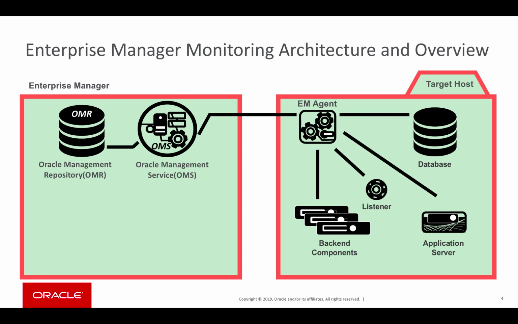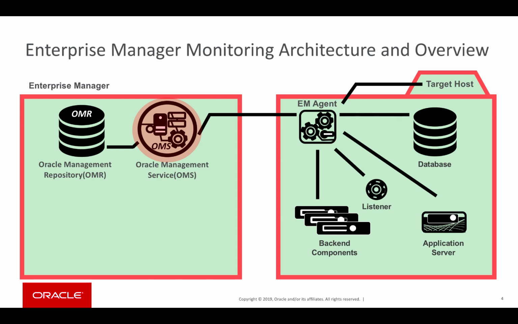They are, in this example, database, application server, listener, and other components. And of course, the host system itself. Then agent sends the collected target information back to OMS, which is the centerpiece of EM. OMS then processes the request and writes it down to OMR, which is a database where EM stores the information. So this is a high-level diagram of how Enterprise Manager works.